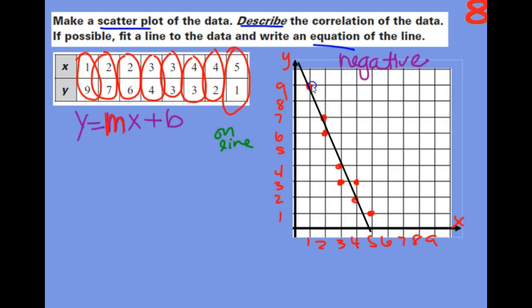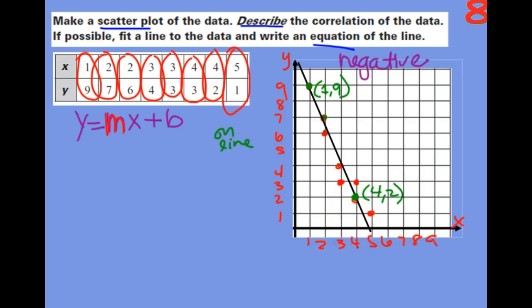Well, this line actually goes through really nicely through that point. So that point is 1, 9. And this one, it's over here, so it doesn't really go through that point. This one, nope, close, but not quite. I would say it probably goes through this point as well. So from here to here, this point is 4, 2.